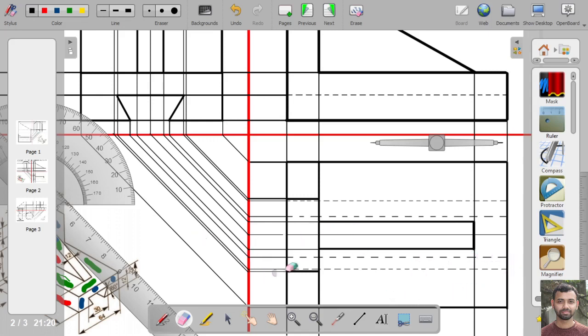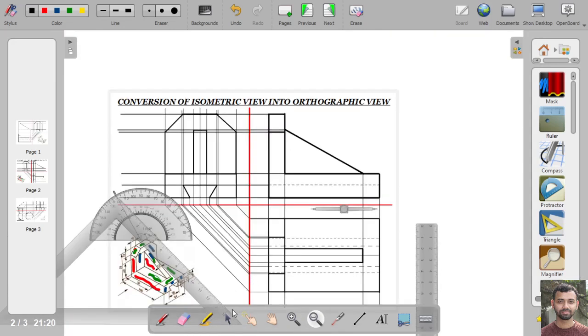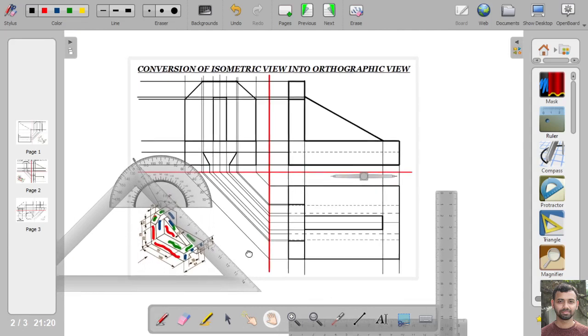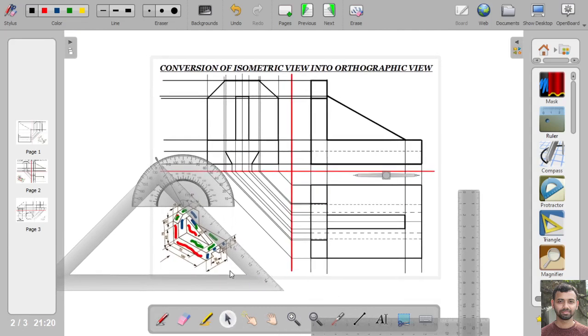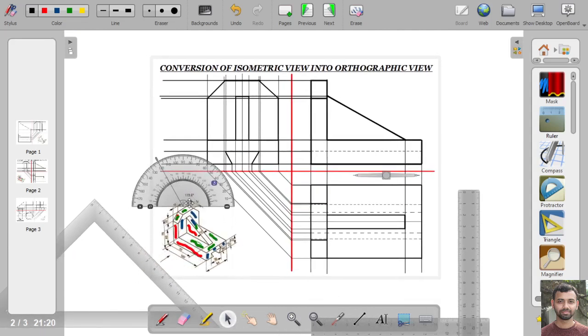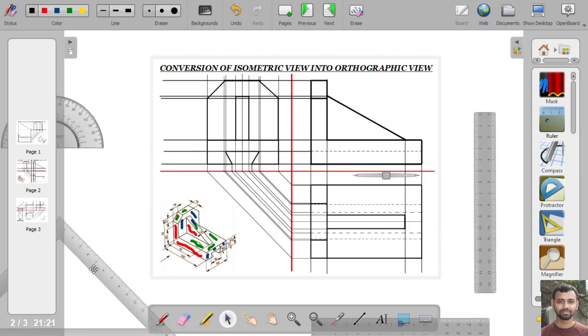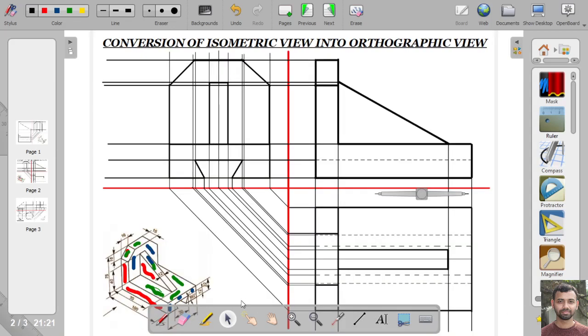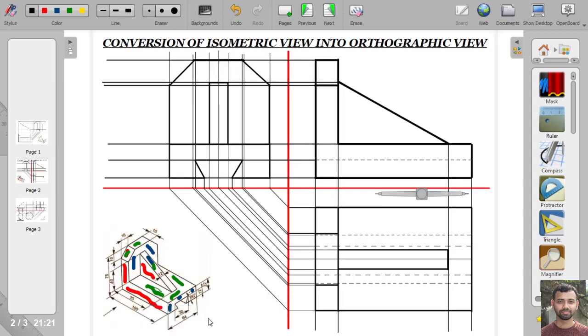Okay. So now this is the complete picture of the drawing. This is the complete picture of the drawing. Okay.